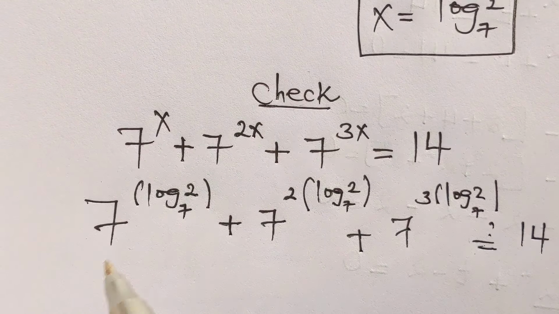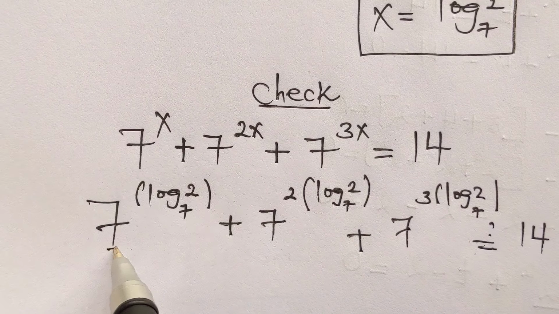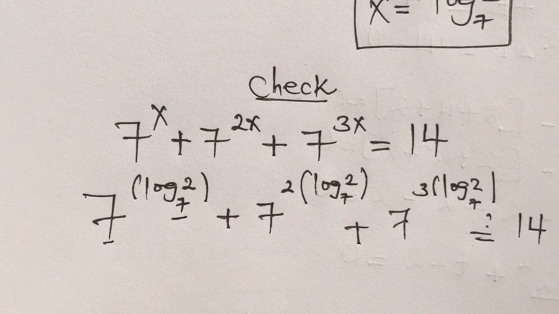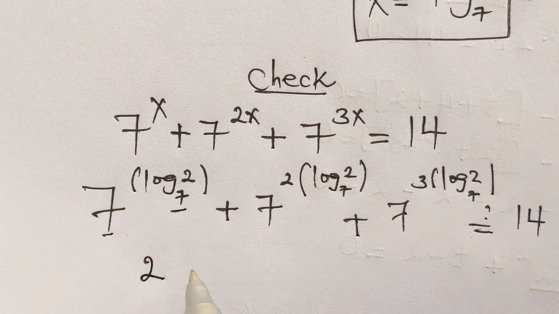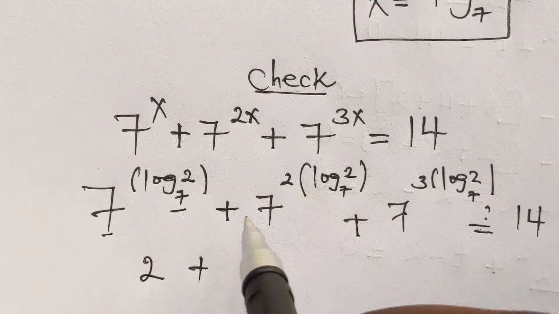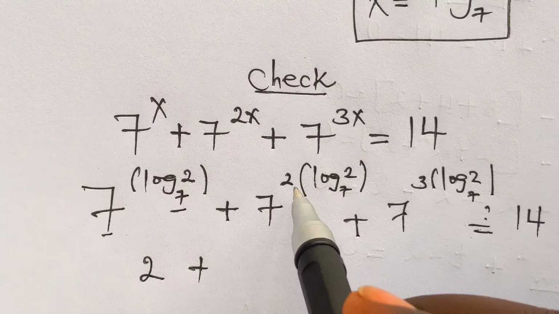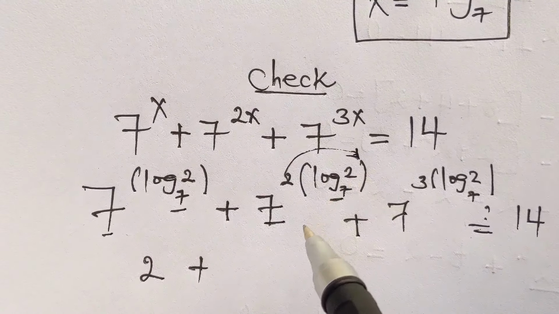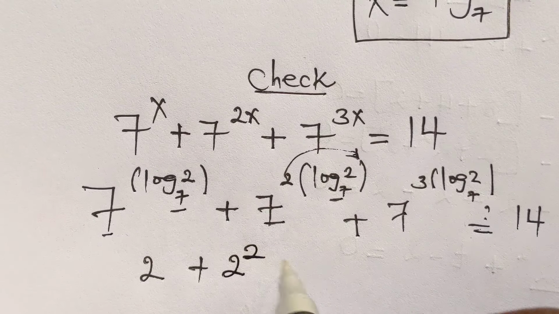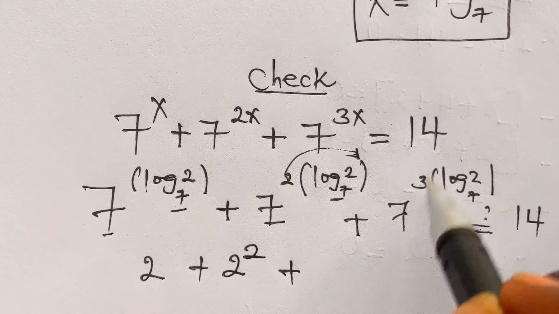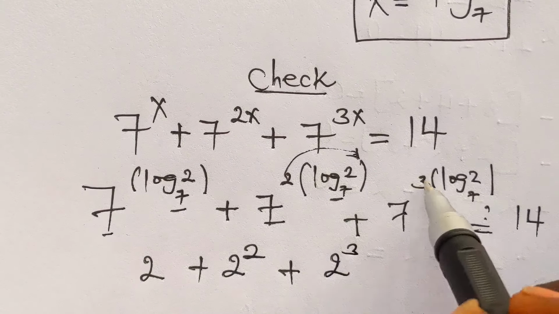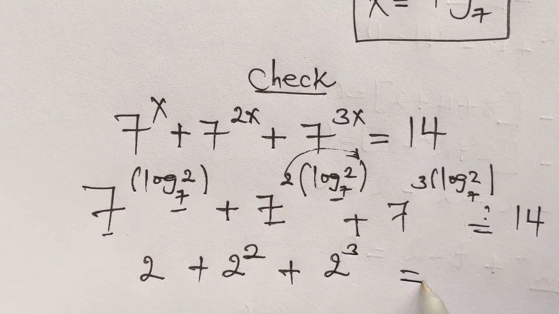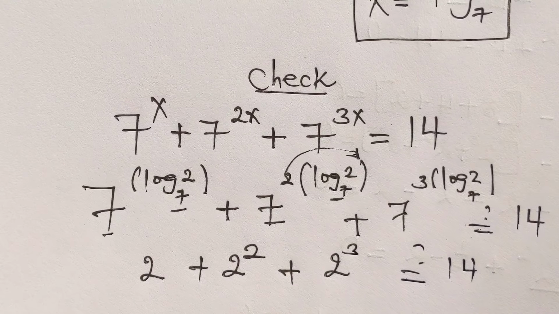So here we have the same base, 7 and 7, so that this is equal to 2 plus, here we have the same base, but this one we have to bring up to get 2 power 2 plus 2 power 3 right here, which is equal to 14.